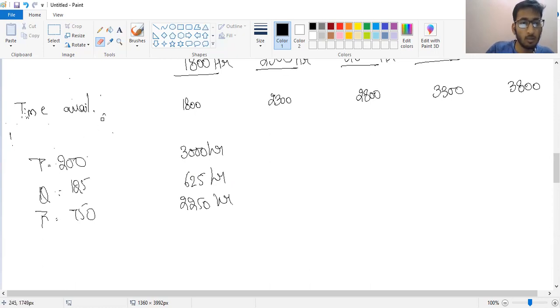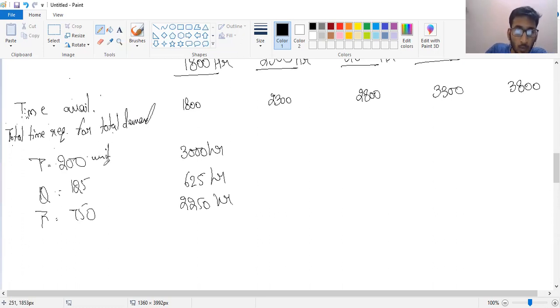So the best heading would be total time required for total demand. So 200 units is the demand for P, 125 units is the demand for Q, and 750 units is the demand for R. In every case, we require this only.